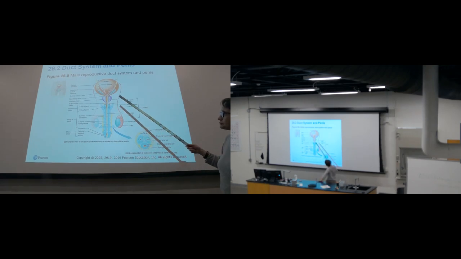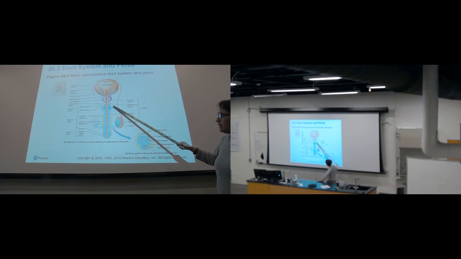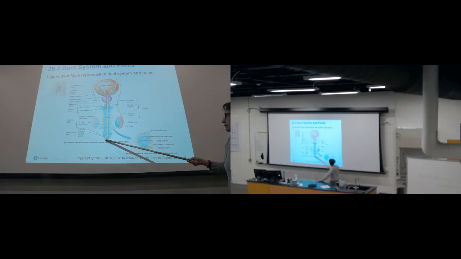And then here's the crus penis that attaches this corpora cavernosa into the ischium. And then here is the spongy urethra, and then this is the corpus spongiosum that surrounds the spongy urethra. This is the glans penis, and then the prepuce and the external urethral orifice.